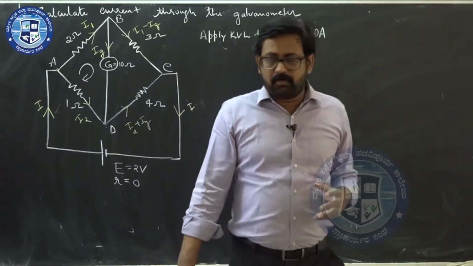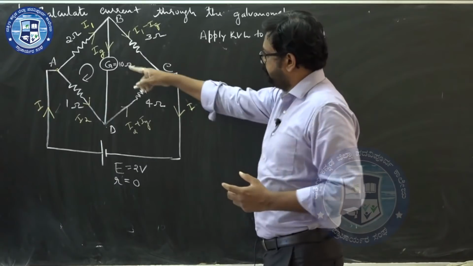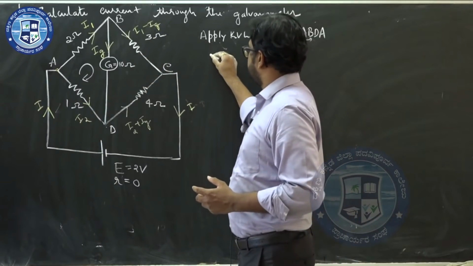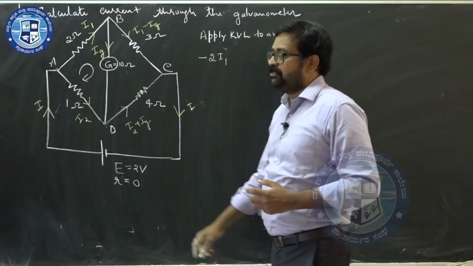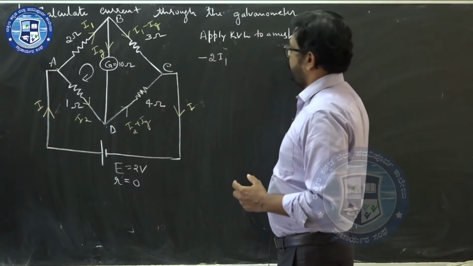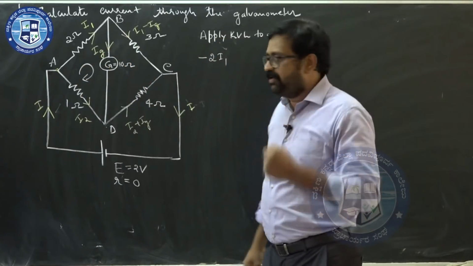When you apply KVL to the mesh A, B, D, A, move from A to B. The product of current and resistance is 2I1, and according to sign convention it should be minus 2I1, because the direction of traverse is from A to B. The direction of current is also from A to B, so the product of IR is taken as negative.